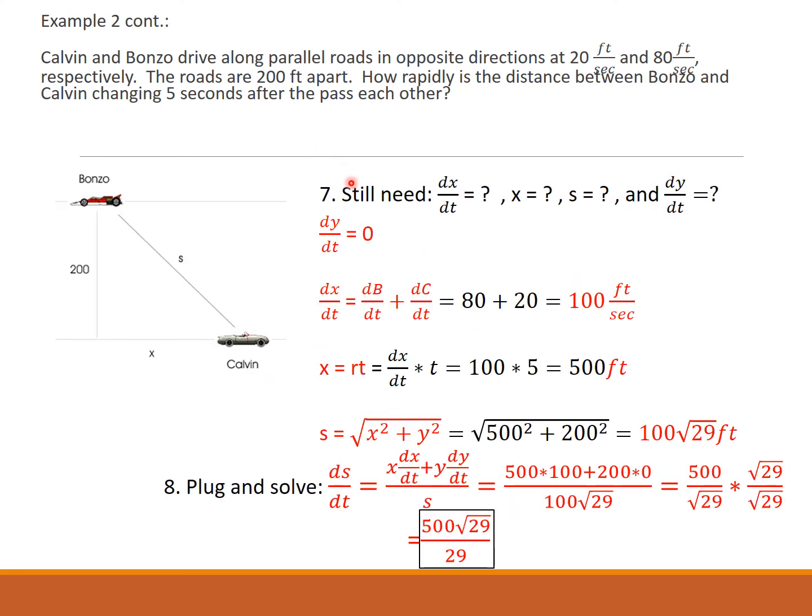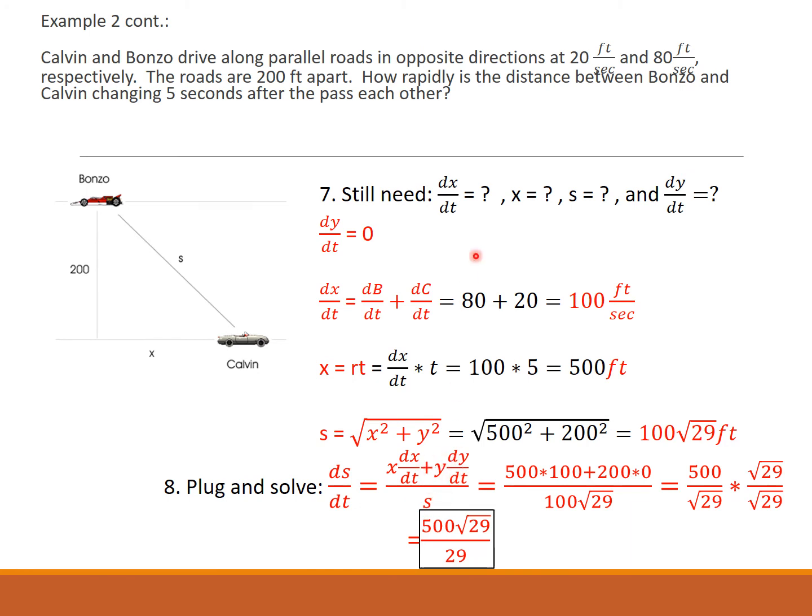All right. Now for part 7, we're going to look at the function we found in the previous step 6 and ask, which ones do we still need? We don't know dx/dt, we don't know x, we know y. They gave us y. We don't know dy/dt yet, and we don't know s. So pretty much all we know is y.